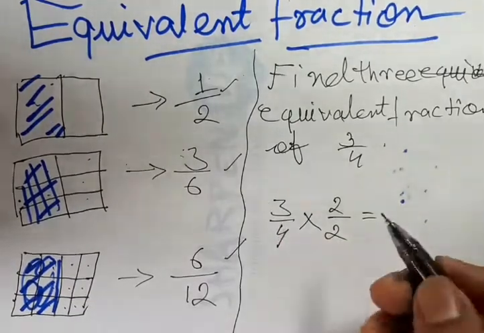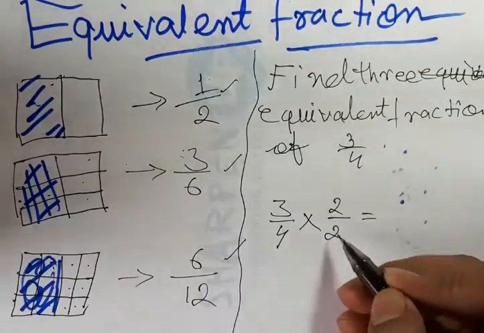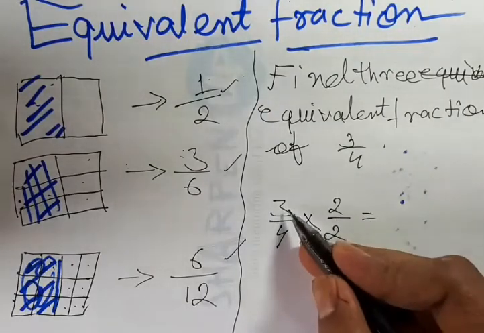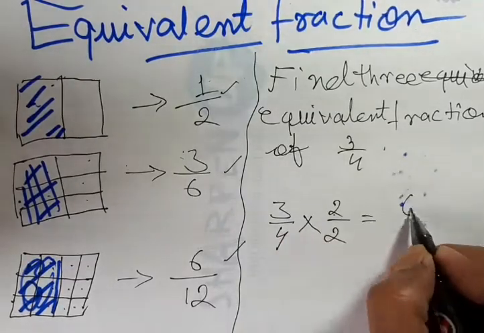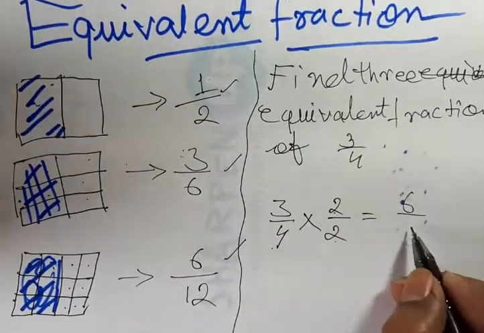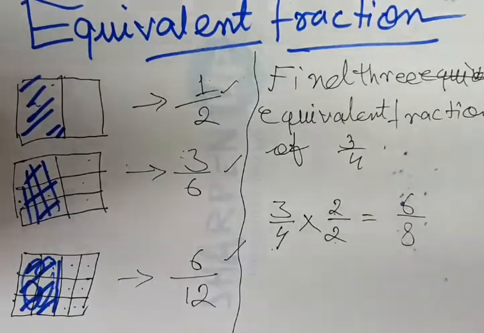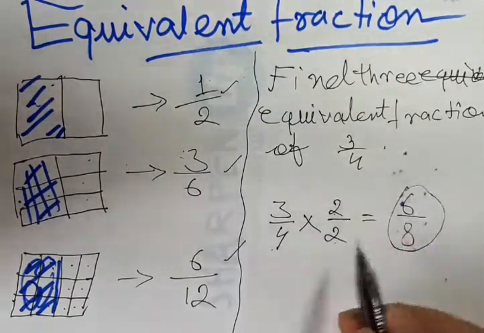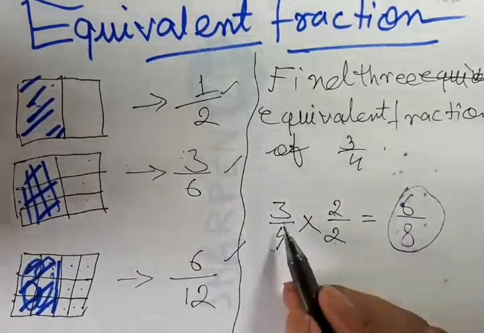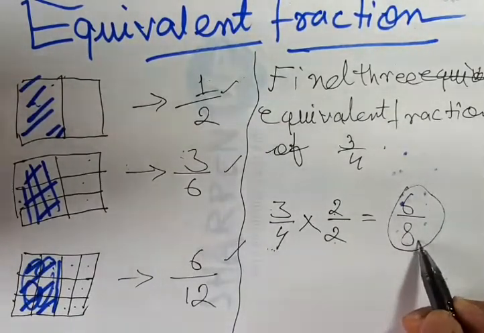So I will multiply 2 by 2 to our fraction 3/4. 2 3s are 6 and 2 4s are 8. So this is our first equivalent fraction, derived from 3/4. So 3/4 can be written as 6/8.